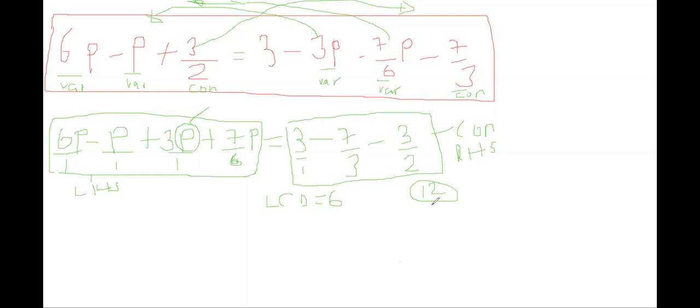But the problem is we are looking for the lowest one. All of these can go into 12 without remainder. They can also go into 6 without remainder, but we are taking the lowest one. That's why we call it the lowest common denominator.